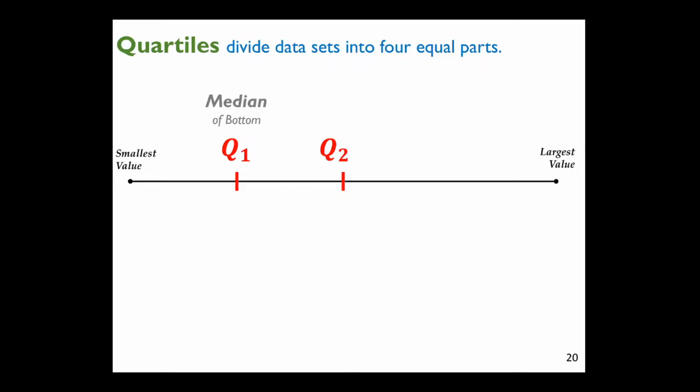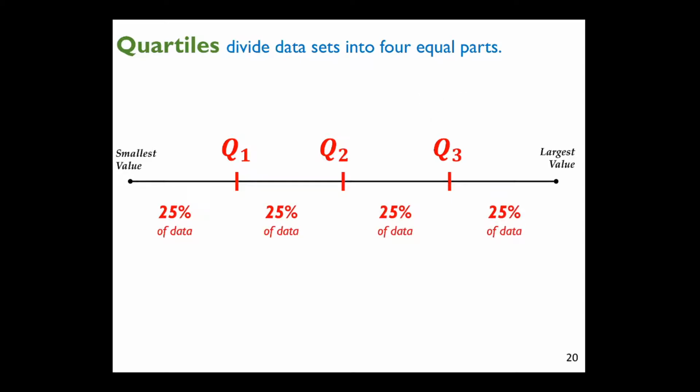Lastly, you find the median of the top half, and that gives you quartile 3. So you have 3 quartiles, quartile 1, quartile 2, quartile 3, 3 values that separate any data set into 4 equal parts of 25% each.